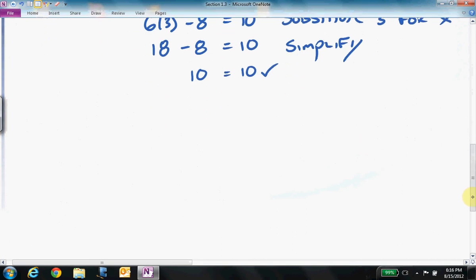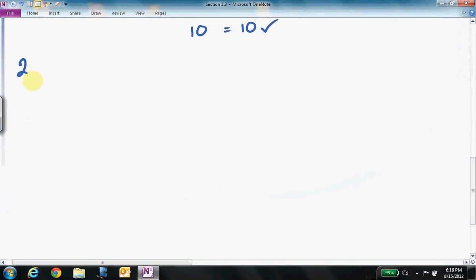So let's take a look at one more. We've got 7 plus 5/3 x equals negative 13. So again, we can see x is attached to the fraction 5/3 through multiplication, and we've got a positive 7 over here.